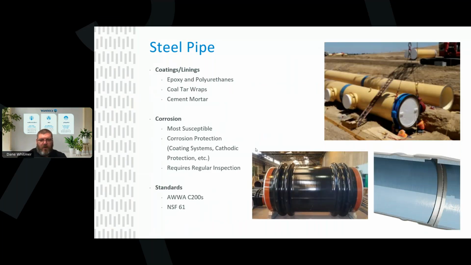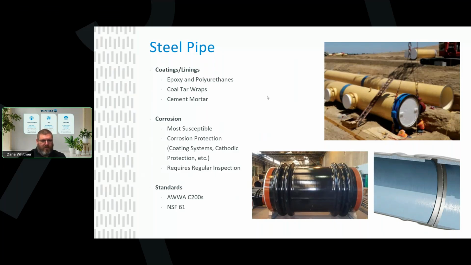It has lots of coatings, mostly paints where epoxies and polyurethanes are used. And just a little side note, epoxies are good for inside the walls or inside housed, because when epoxy is exposed to sun, it actually will start to create a chalky kind of layer.